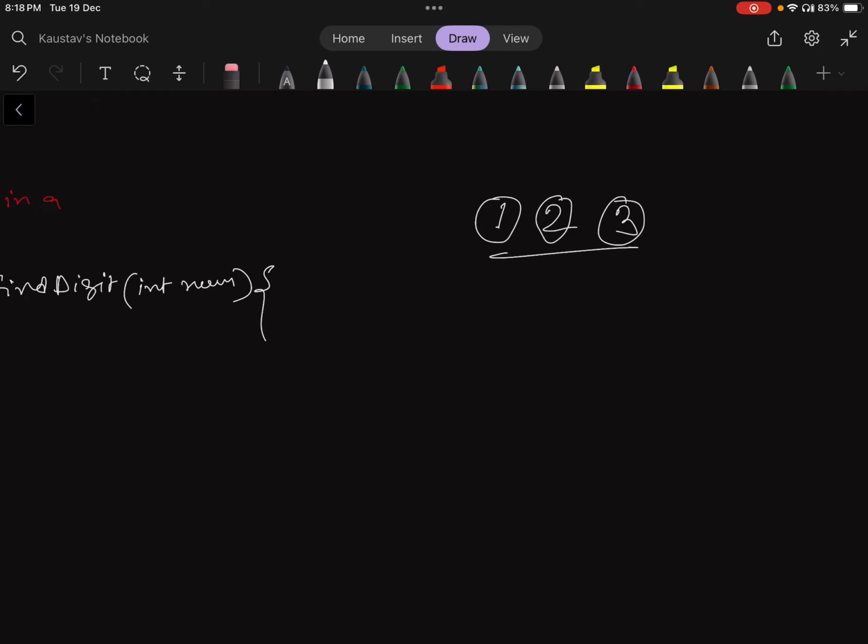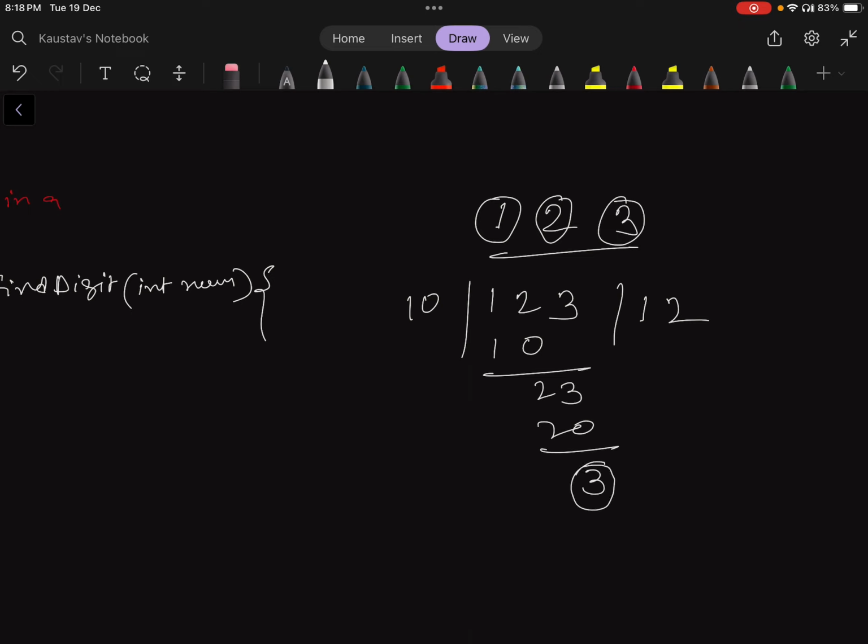So for this, we need to divide it by 10. If we divide it by 10, what is the remainder? 3 is the remainder. Whatever the remainder is when we divide a number by 10, it will always be the last digit, because these are decimal numbers.